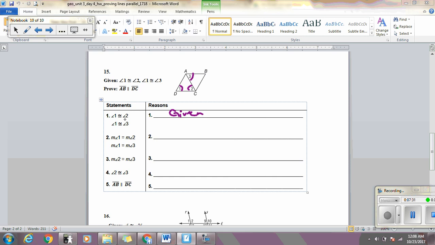So we have congruent angles, and then on statement 2, it's talking about the measurements of my angles being equal, and that's by the definition of congruent angles.